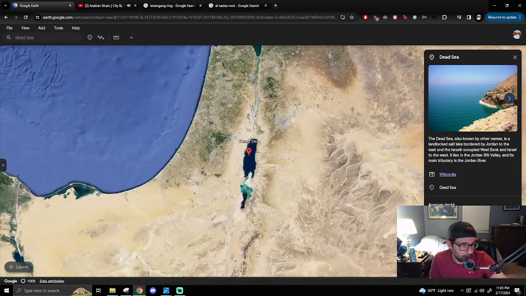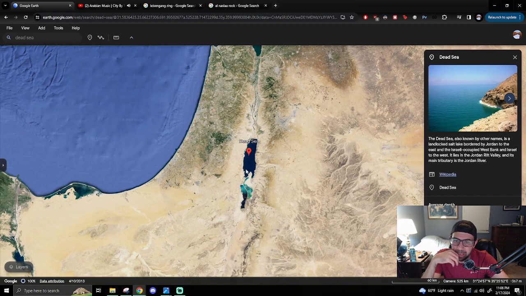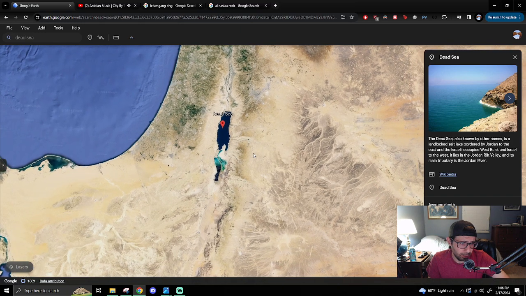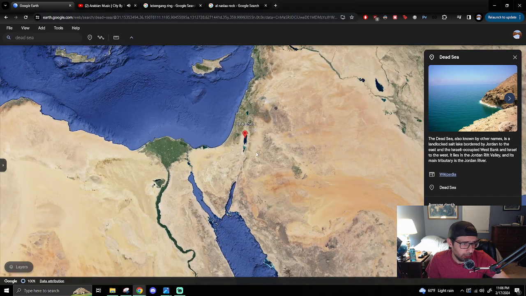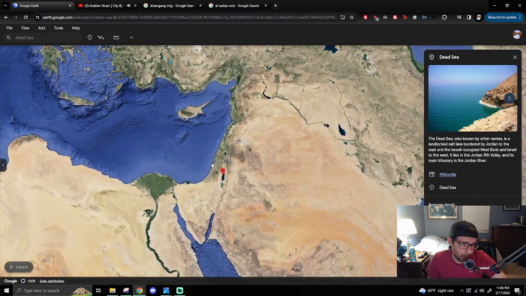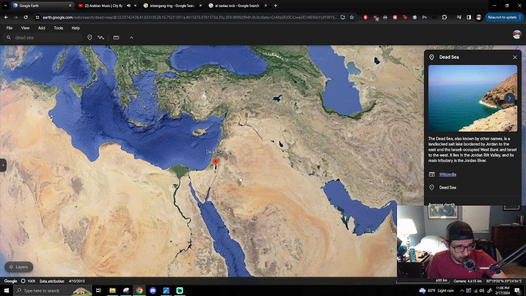In the process, for some reason creating the Dead Sea, which is just really, really salty. And other unique characteristics about it that this process is probably why it's the way it is.